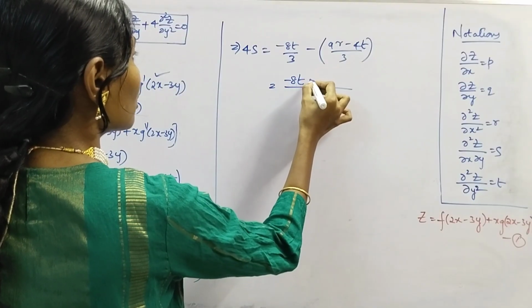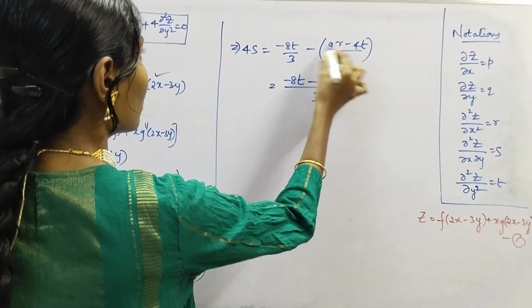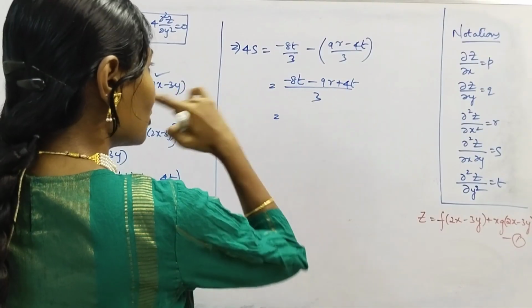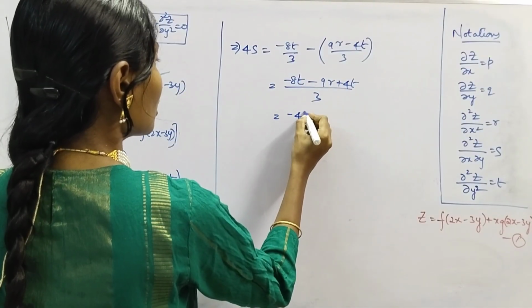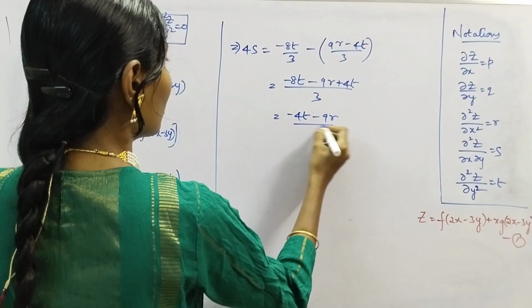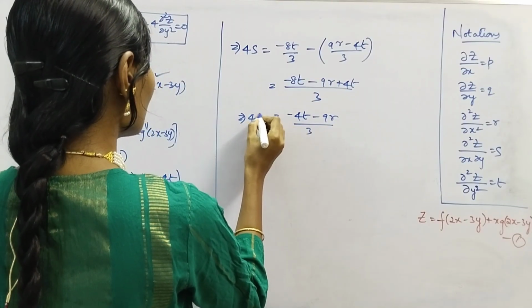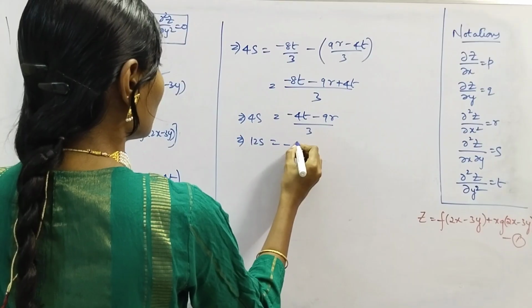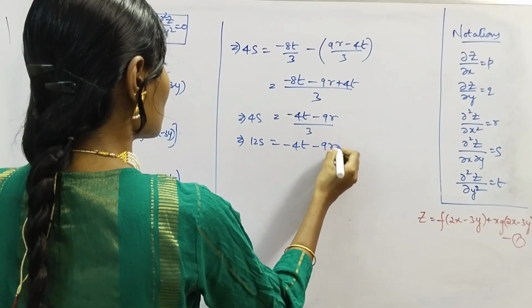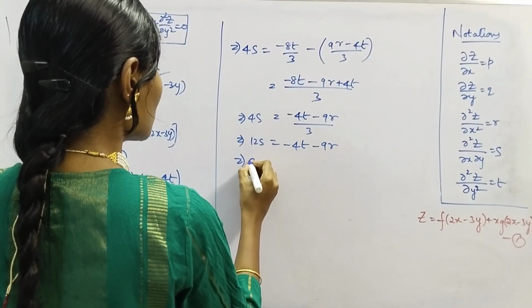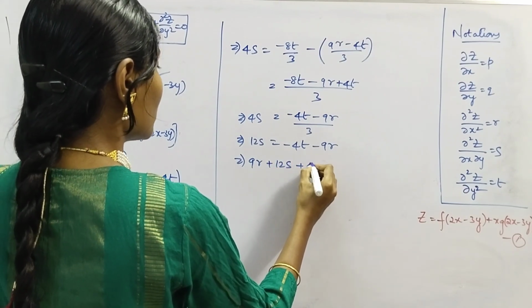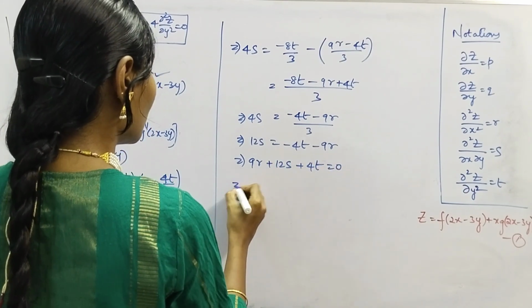In the numerator you'll get minus 8t minus 9r, minus into minus plus 4t. Minus 8t plus 4t gives minus 4t, minus 9r by 3. Now bring this 3 to LHS, you'll get 3 4s are 12s equal to minus 4t minus 9r. Now bring these two terms to LHS, you'll get 9r plus 12s plus 4t equal to 0.